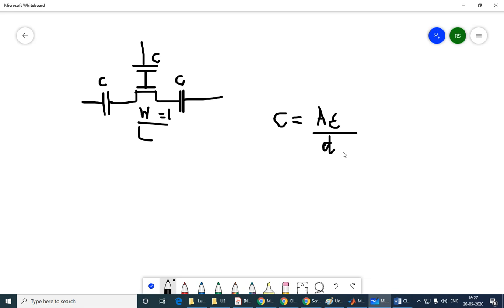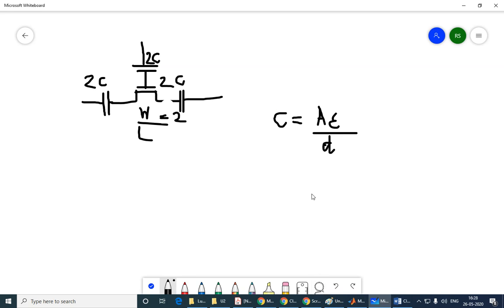So the A term, the size of the capacitor, that is the area of cross section, that is the one that is going to change. And in this case it changes linearly, which means that if I go from W by L equal to 1 to W by L equal to 2, we are going to assume that all the capacitances change from W by L equal to 1 to W by L equal to 2.